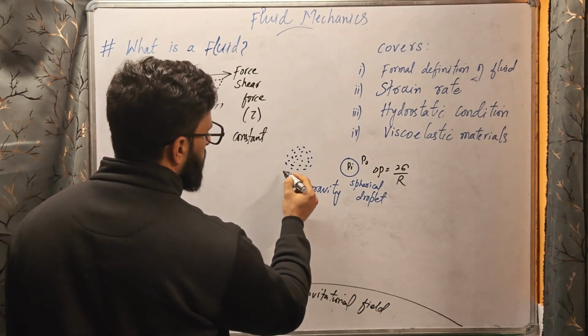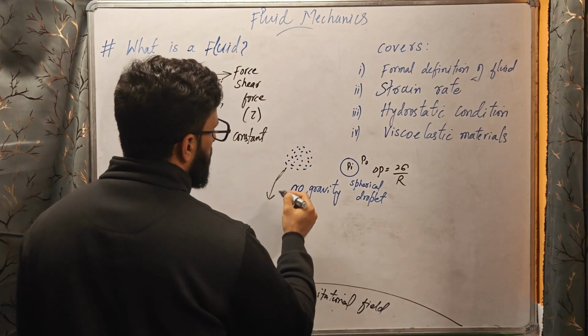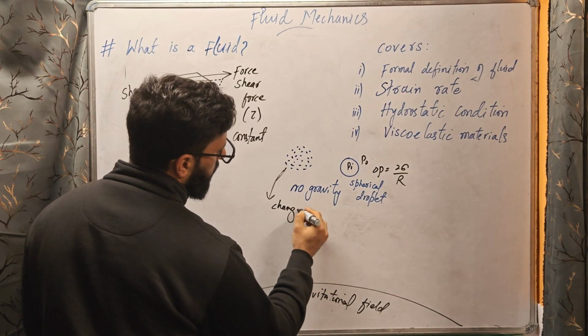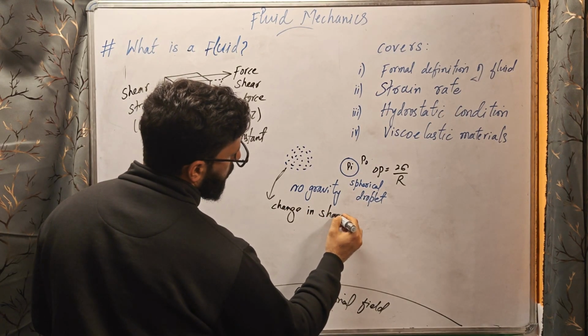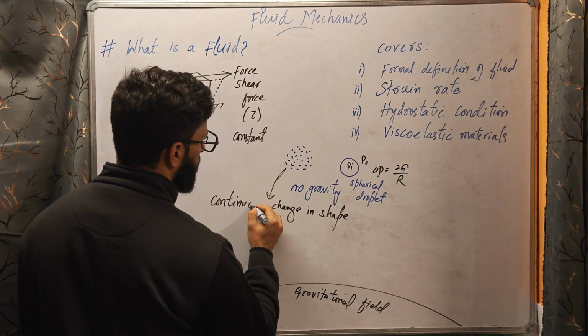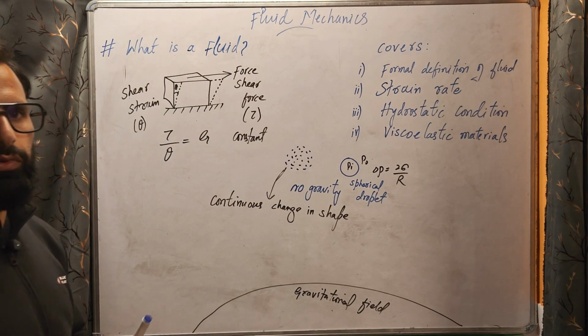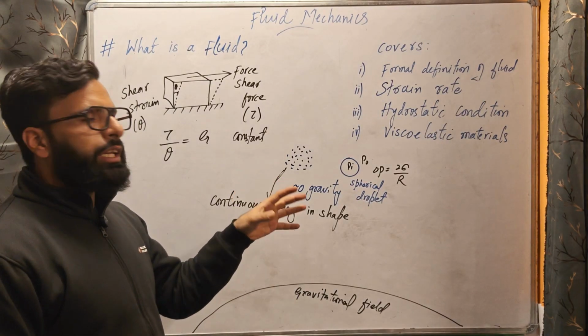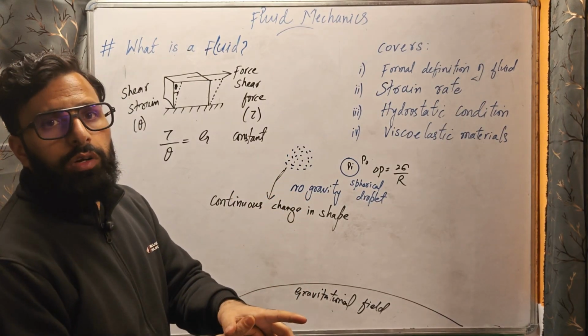Flow is basically change in shape, and not just change in shape, continuous change in shape. This is how we see flow in science. So flow is basically some quantity of matter continuously changing its shape. That is what we call flow.